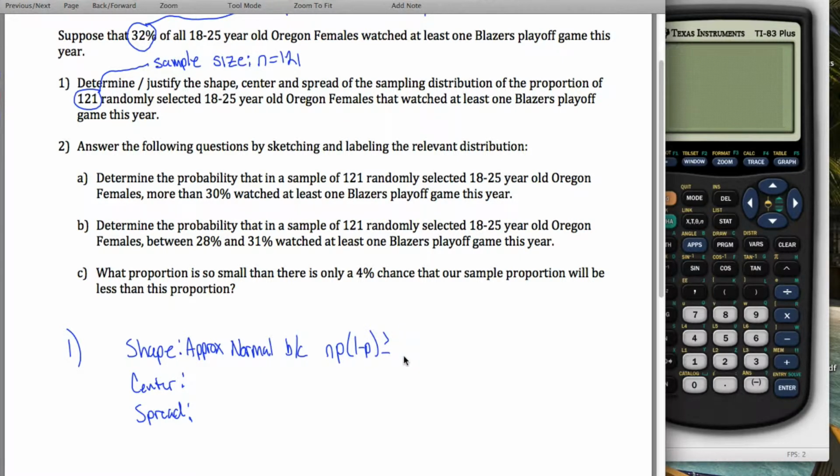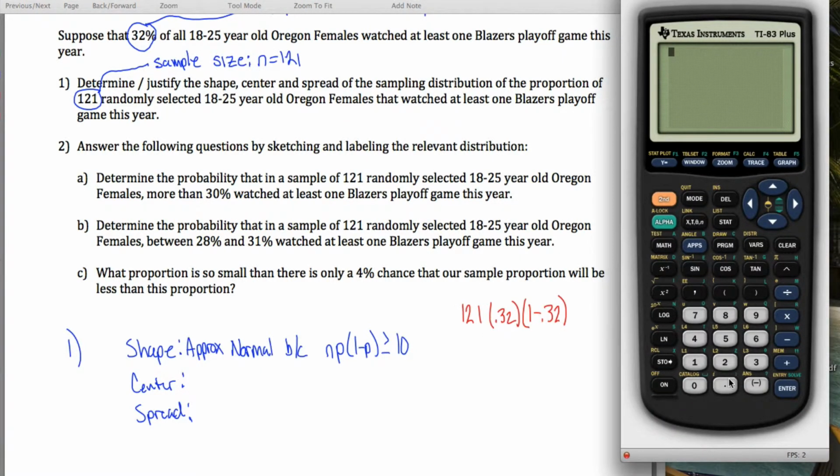So let's see, n times p times 1 minus p, maybe I should calculate that to make sure it works out. N was 121. P, we figured out was 0.32. And 1 minus 0.32, in other words 0.68. If you multiply those all together, I cannot do that in my head.